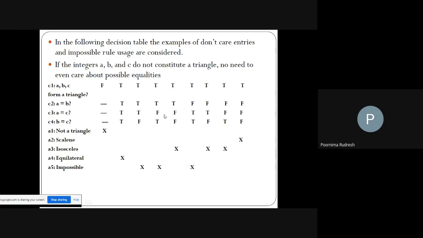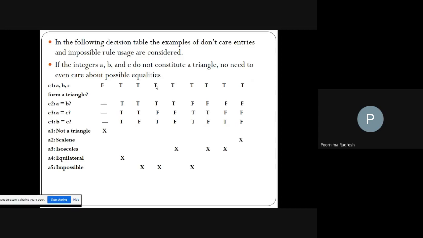So here we are considering the example of the triangle problem. You know the triangle problem, it consists of three sides, A, B, C. I already explained this example many times. The triangle can be an isosceles triangle, a scalene triangle or an equilateral triangle, and the other case is not a triangle.